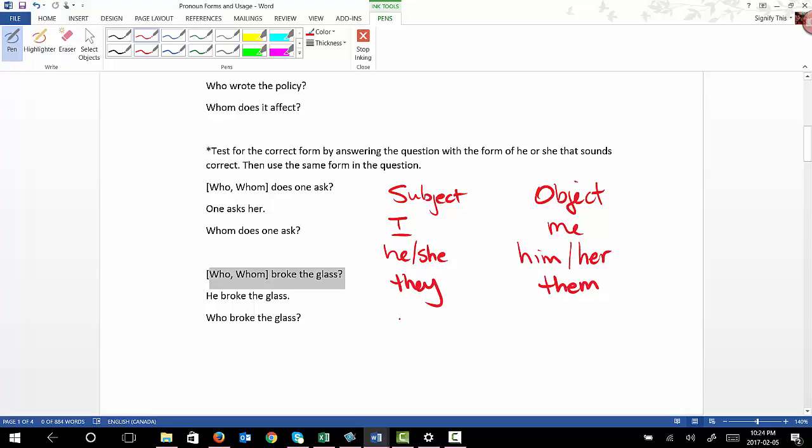So we can add on who to this side and whom to this side.